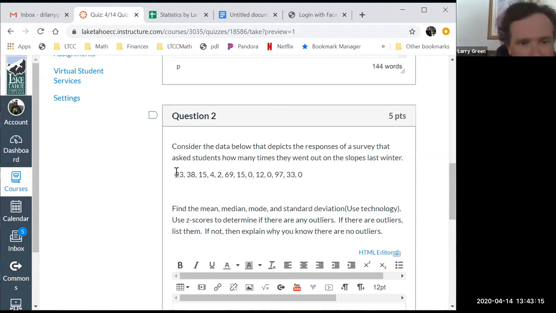So we have 23, 38, 15, 4, 2, 69, then we had 15, 0, 12, 0, and then we had 97, 33, 0.